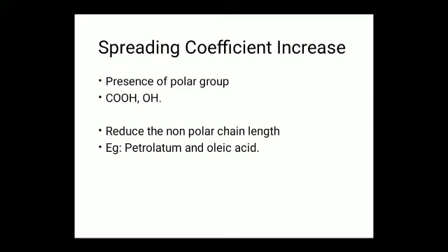Spreading coefficient can also be increased by the presence of polar groups like carboxylic acid and hydroxyl groups. Examples are propionic acid and ethyl alcohol. Reducing the non-polar chain length matters, as in petrolatum and oleic acid.